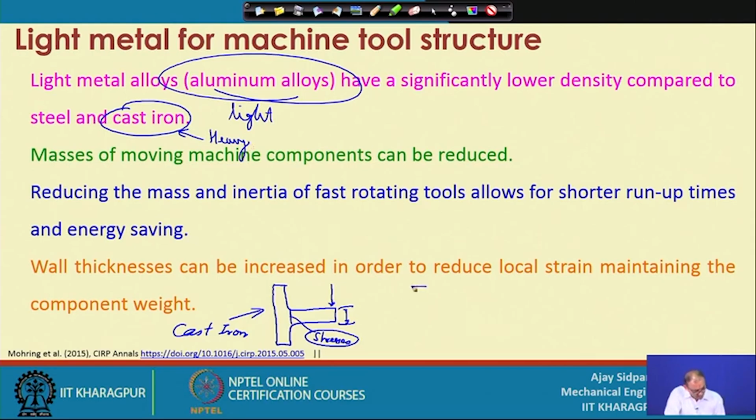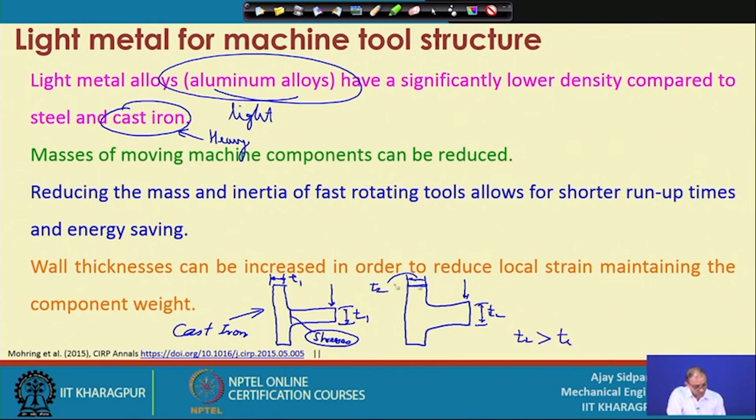So, now what you can do is increase the thickness of the rib. Now, you provide the same force. Now, this T1 and T1, this is T2 and T2. So, T2 is higher than T1, correct.